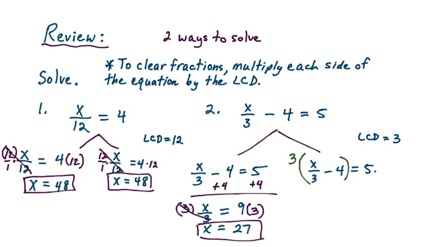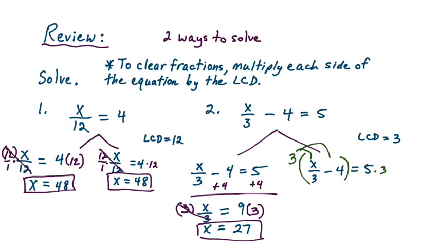Actually, you know what, let me do something real quick here. The thing to keep in mind here is when we multiply each side by 3 here, both terms on the left have to be multiplied by 3. So we won't normally write out these problems the way that I did here in green. We'll actually do it a little differently.